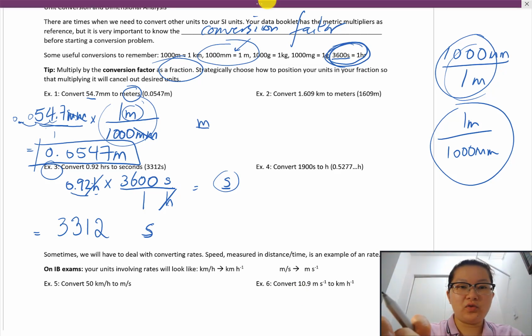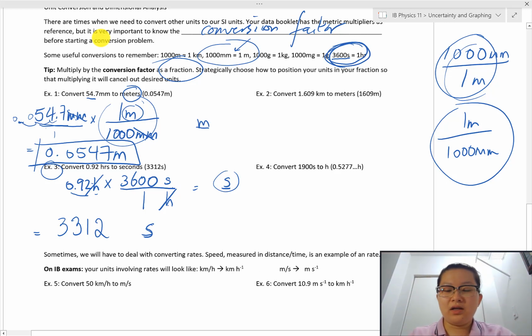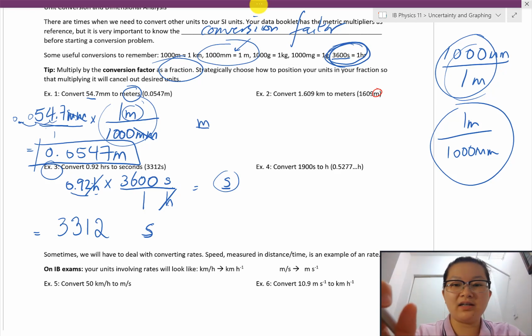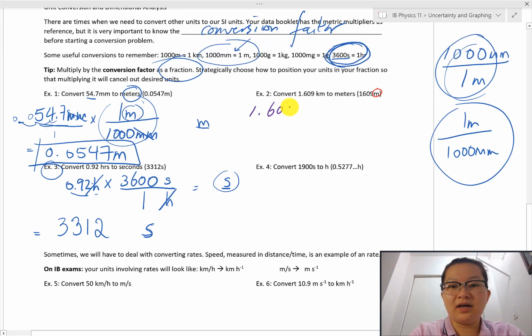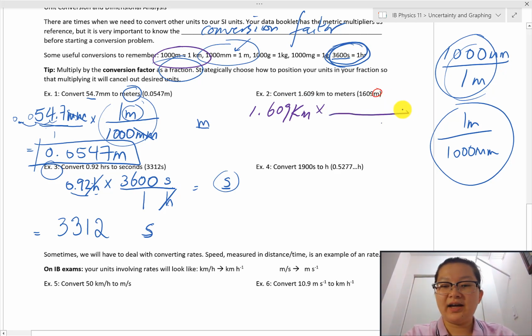So the first one is 1.609 kilometers. Did you know there are 1.609 kilometers in 1 mile? Haha. Okay, anyways. So we want this to be in meters, okay? So we start off with writing down 1.609 kilometers. So the conversion that we want to multiply needs to have kilometers on the bottom for us to cancel and meters on top because that's the unit that we want in the end.